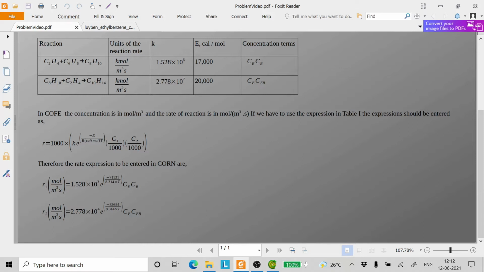We multiply the rate expression by 1000 because the rate expression is in kilomole per meter cube second. And we divide the concentration by 1000 as the concentrations here are in kilomole per meter cube. Doing this, we get the following rate expressions, which can be directly entered in COFE.